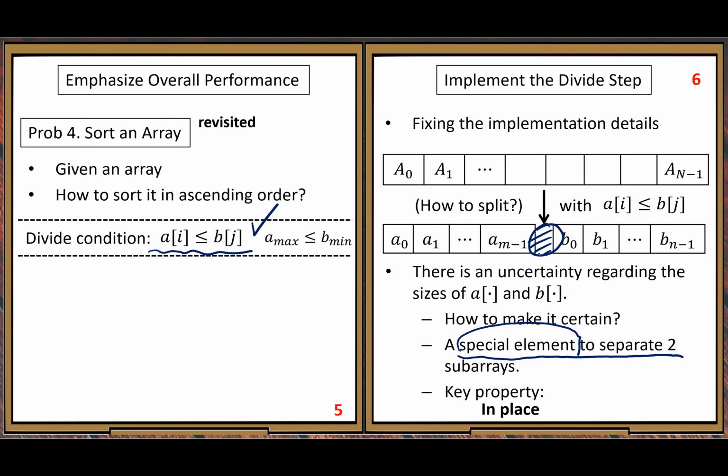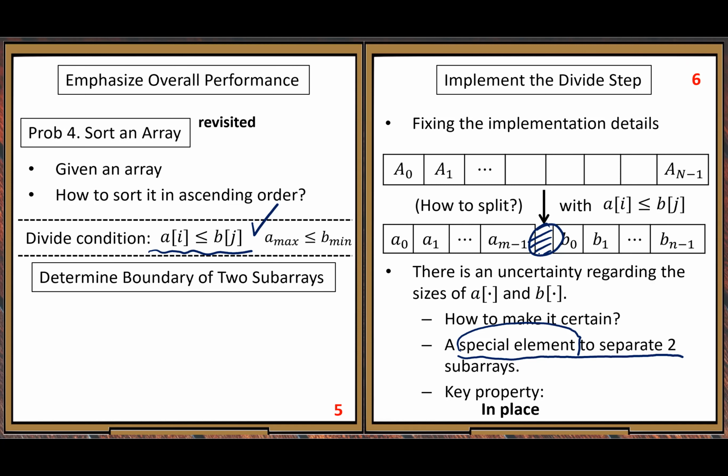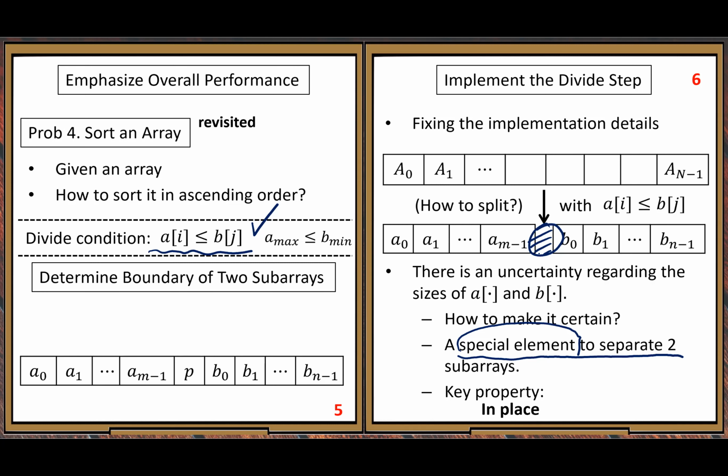Then it can be used as a separator. So now we need to determine the boundary of two subarrays. The separator is the boundary of two subarrays. How to determine that element?